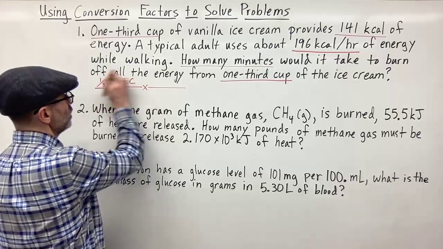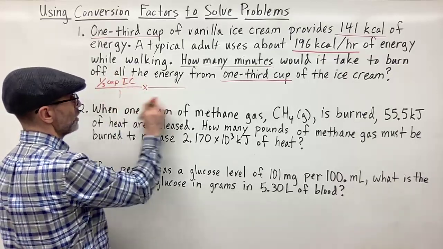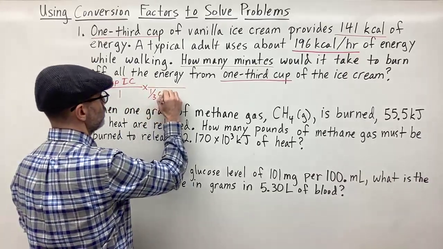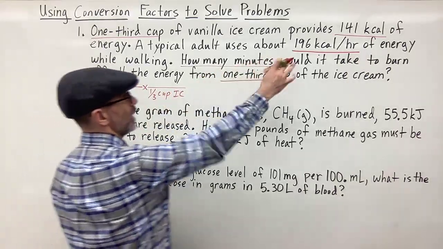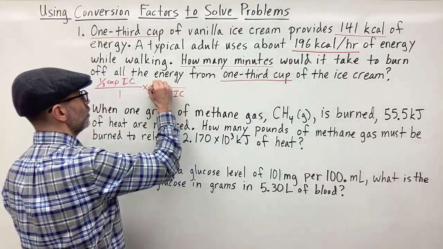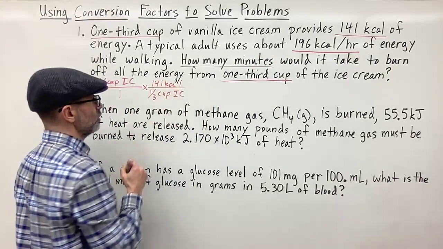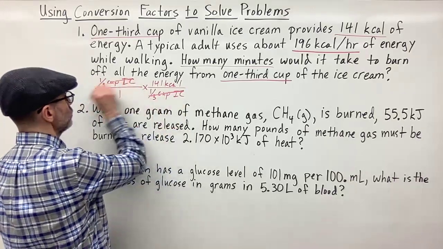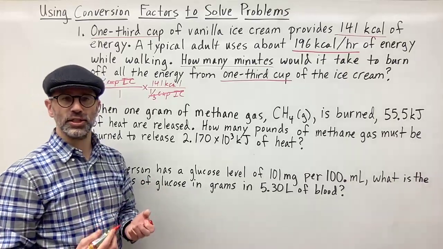So the 1/3 cup of ice cream, we got cup of ice cream on the top here. We want cup of ice cream on the bottom. So a 1/3 cup of ice cream on the bottom and 141 kilocalories of energy on the top. So the 1/3 cup of ice cream cancels out and we have 141 kilocalories of energy.